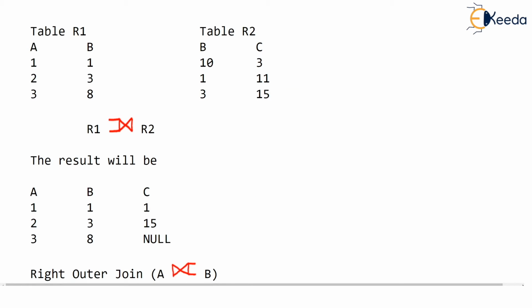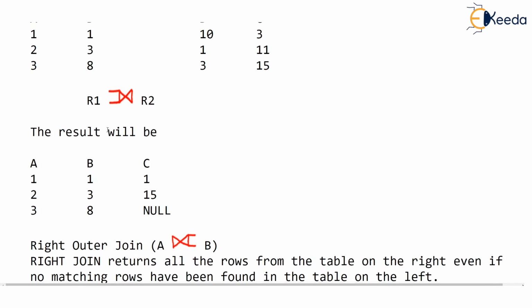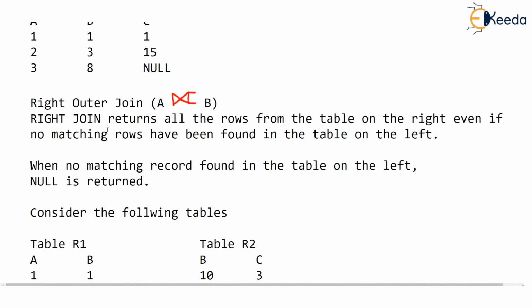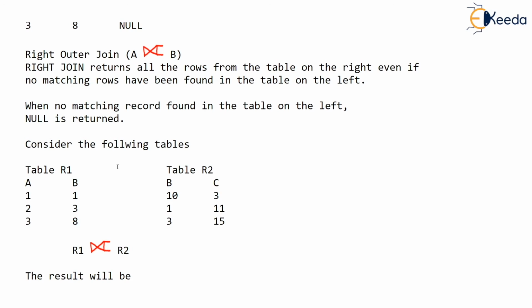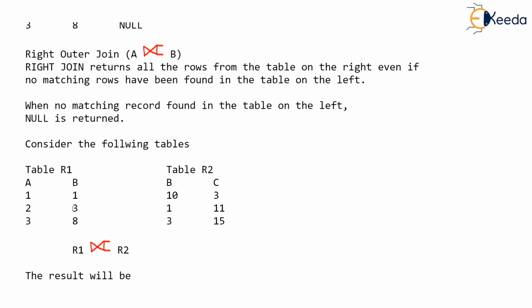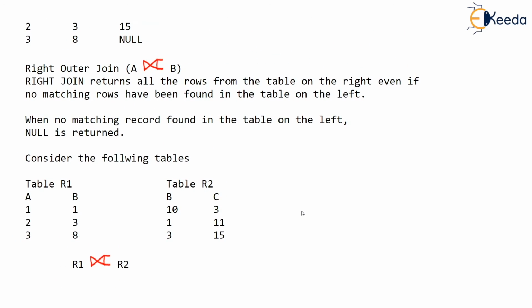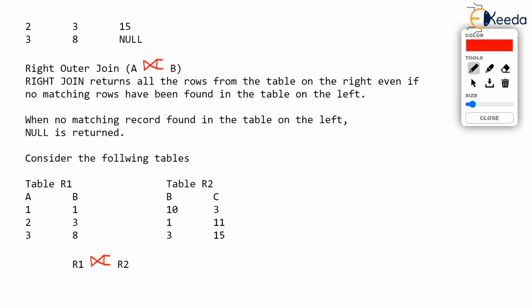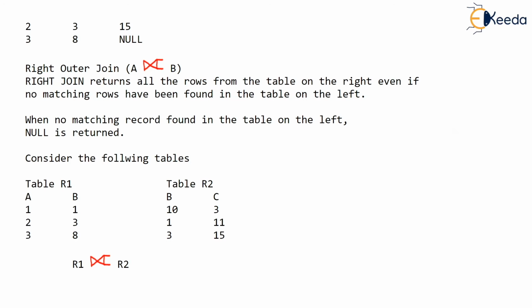You can see that right outer join definitions have been written over here. You can pause the video and read the definitions. And you can also check this example here. In the example, two tables again have been shown and we are doing right outer join. Now this is a natural join. There is a common column between the two tables.